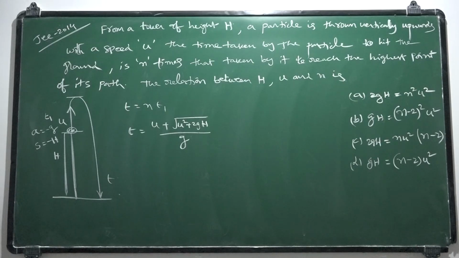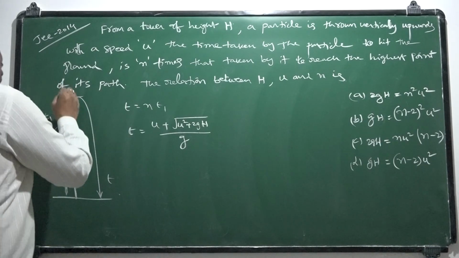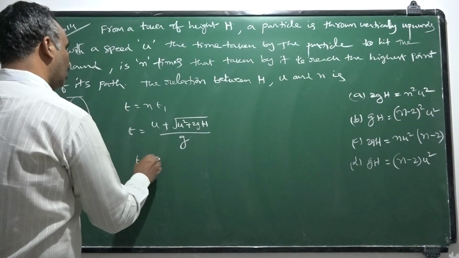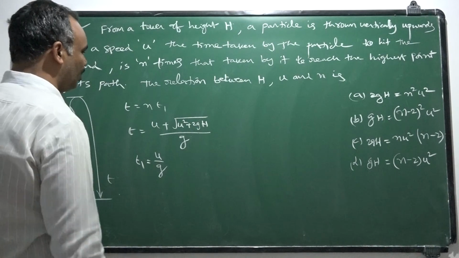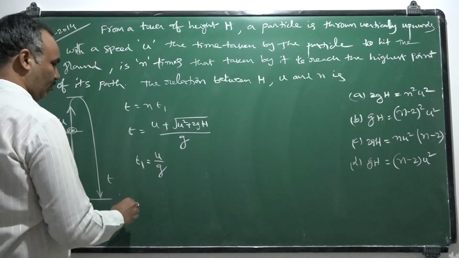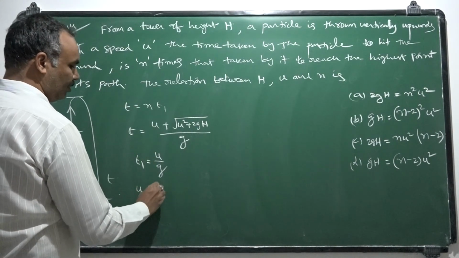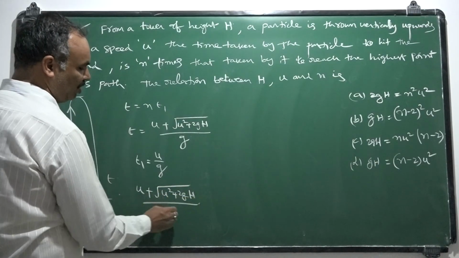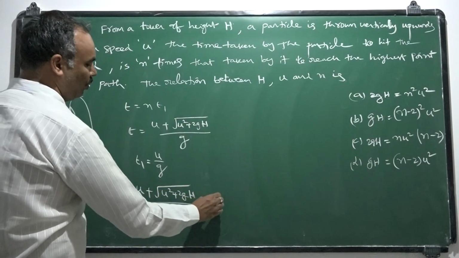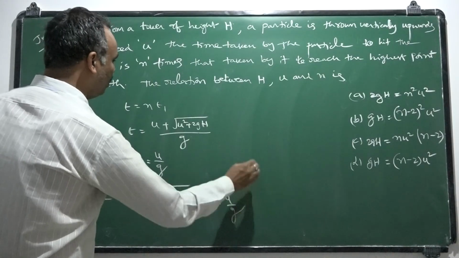On simplification we calculated this time. Also we calculated for a vertically projected body the time taken to reach the maximum height is u by g. So by substituting these two, u plus square root of u square plus 2gh by g should be equal to n times u by g.